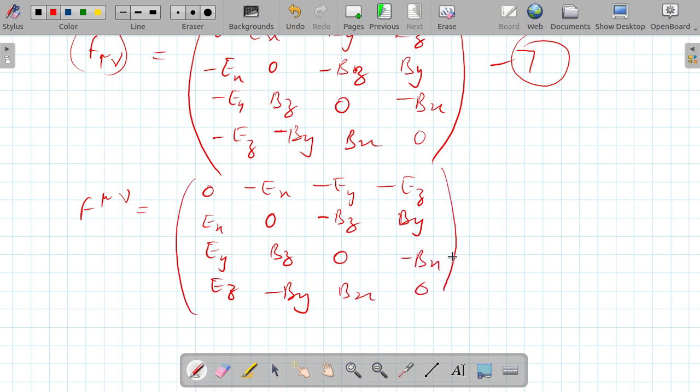So that means we have expressed this electromagnetic field tensor in the covariant and the contravariant form. So this is the contravariant form and this is the covariant form of the electromagnetic field tensor, right?